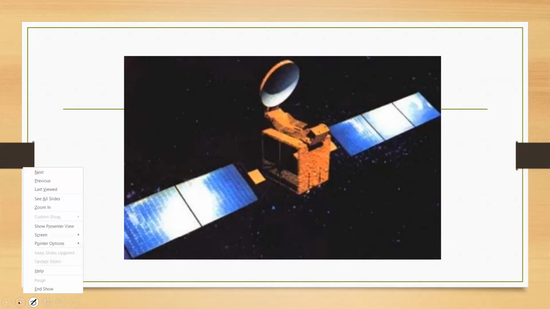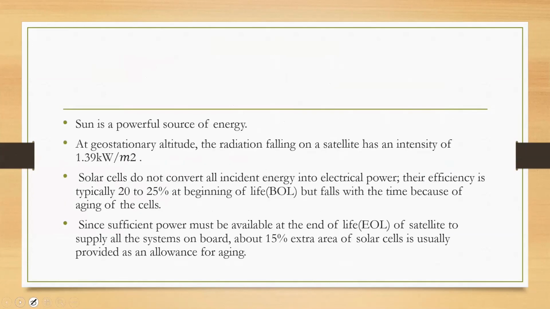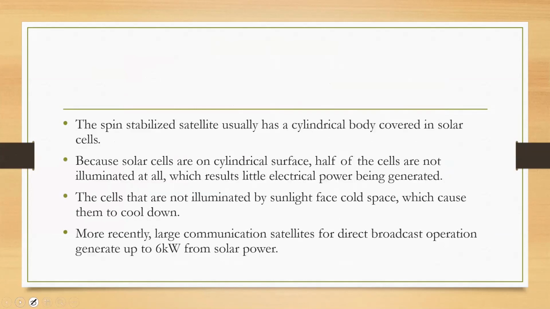These are to be made with a material which gives you high efficiency, and they should be able to sustain and perform even in drastic temperature conditions. And to generate the required power, we always have 15% extra solar panels being put up.